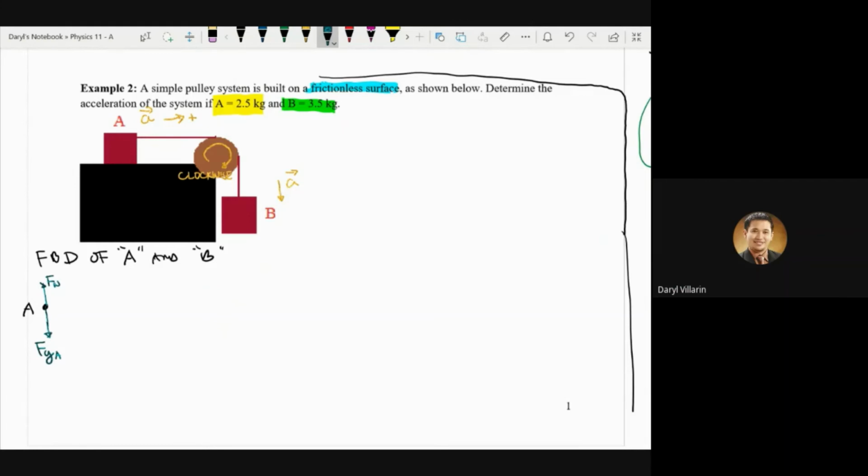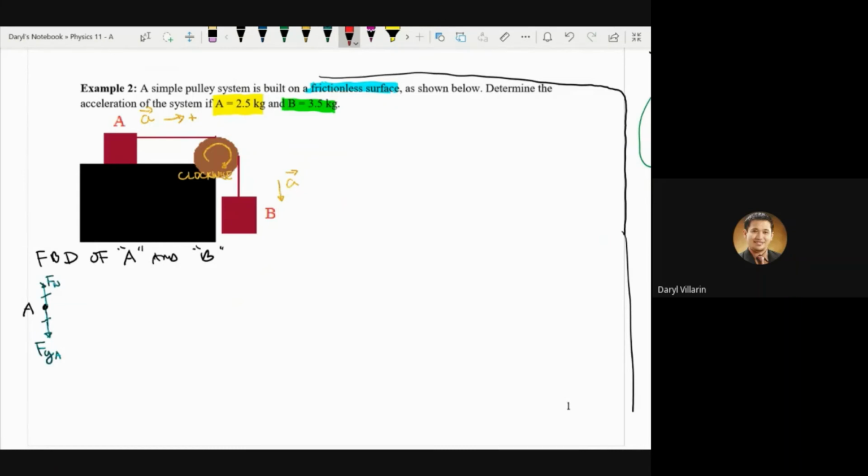However, in this particular case, the acceleration doesn't happen in the vertical component. There's no vertical acceleration here. The acceleration only happens along the horizontal. So that means that the normal force is equivalent to the weight of the object, and I don't have any motion along the vertical.